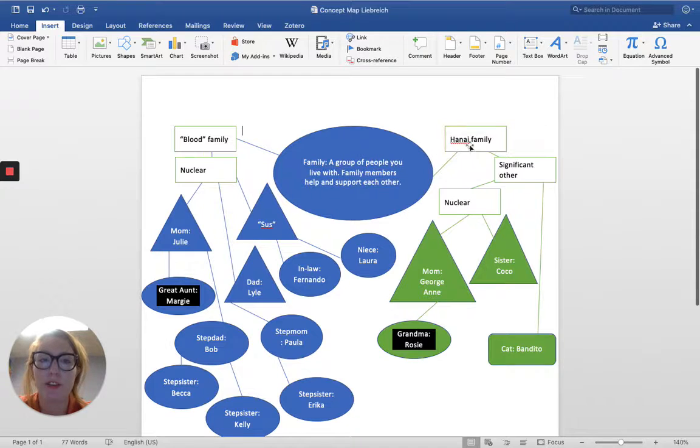Then I go over here to Hanai family, which I think most of you probably know means your family that's not blood. That's a word we use in Hawaii. We don't really have an English word for that, but I know that there are other words in other languages for Hanai that mean similar things. So my Hanai family on island is all through my significant other, and so that's that connection here.